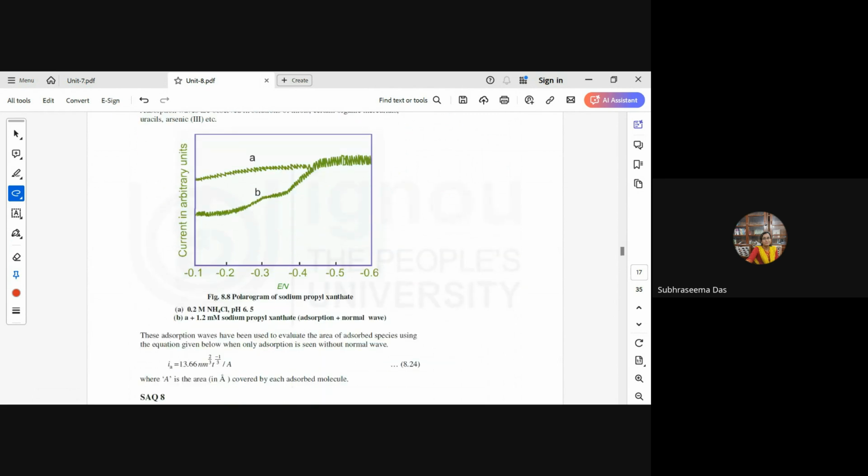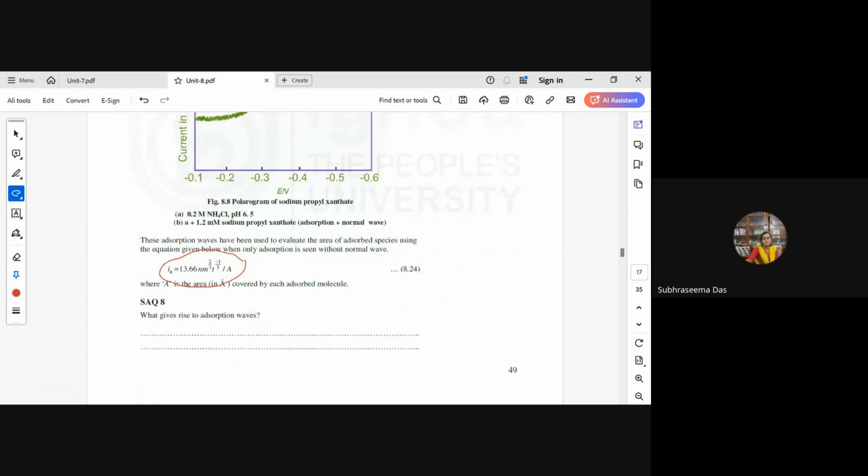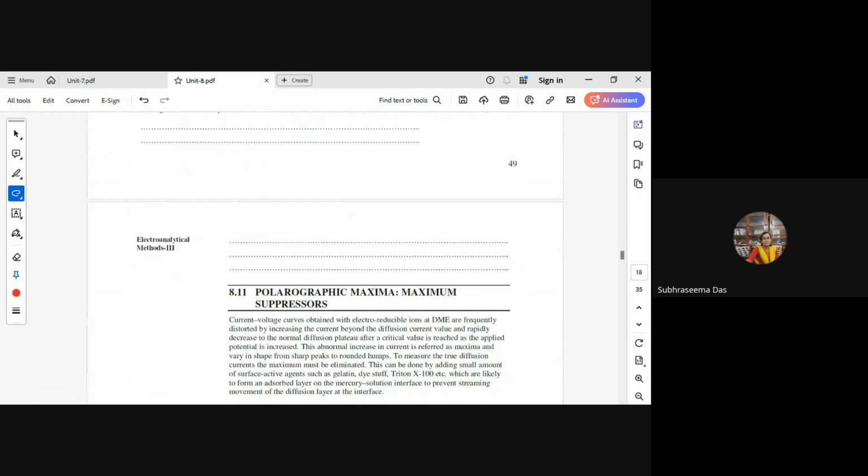These adsorption waves have been used for the calculation of the area of the adsorbed species, using the equation given below, which is particularly used for an adsorption wave: IE equal to 13.66 n m to the power 2/3 t to the power minus 1/3 by capital A, where A represents the area covered by the adsorbed molecule.